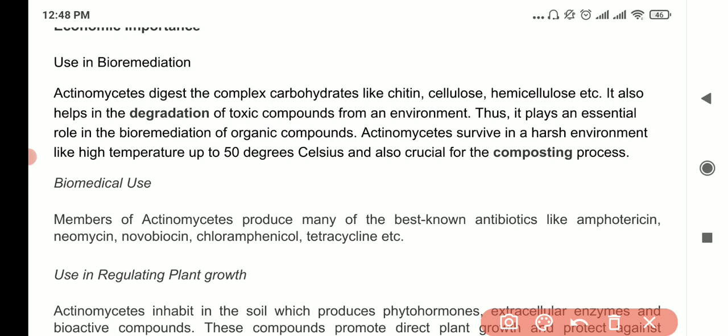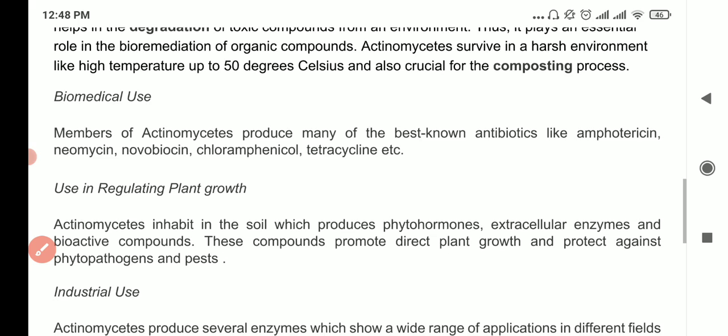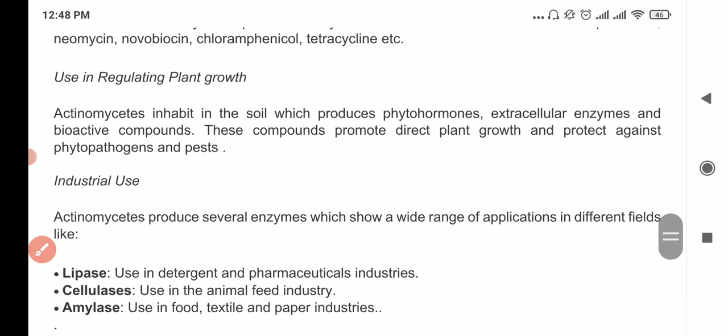Like tetracycline. Tetracycline is an antibiotic that they use, I think, for tuberculosis, no? Then neomycin is for your skin infections. All the antibiotics you get from actinobacteria. Then they can be used to regulate plant growth.